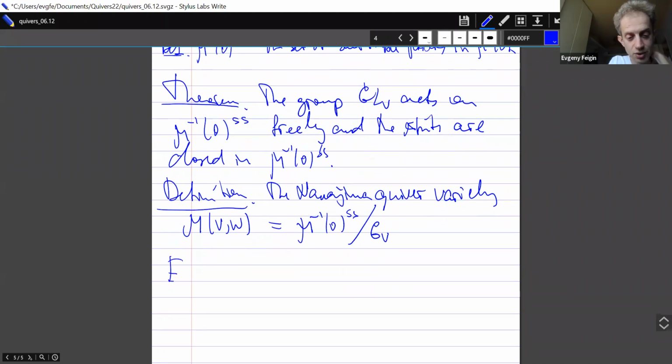Let us look at the simplest example, Q being just the one-vertex quiver, A1.